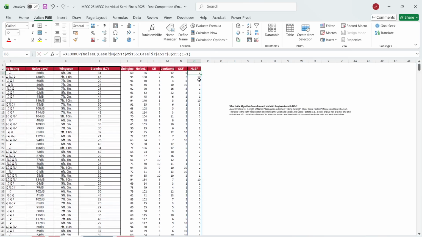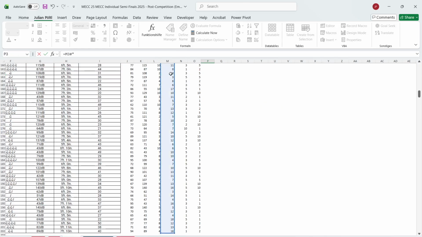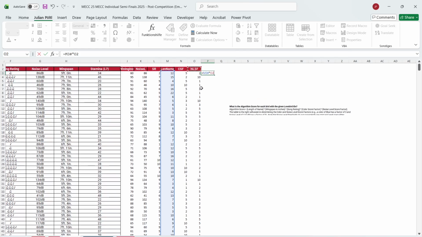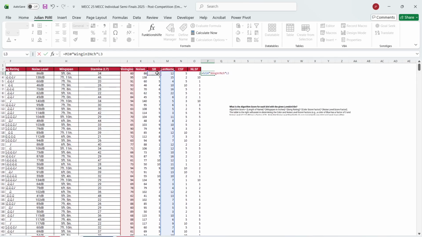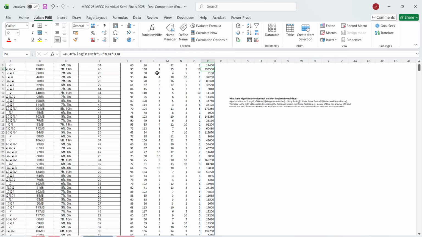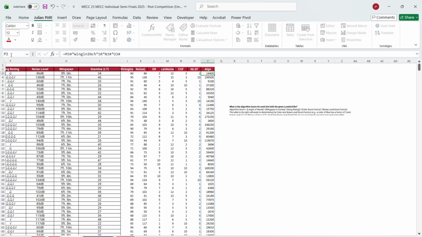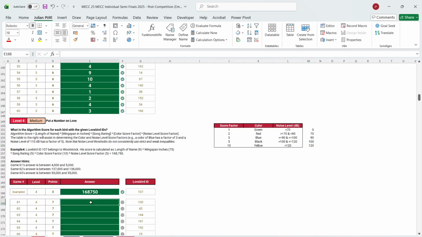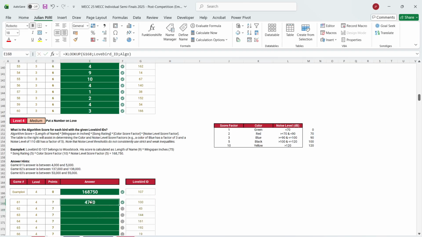And then we multiply length of name multiplied with wingspan in inches multiplied with sum ratio multiplied with this and with this, and we name it algo. Okay, XLOOKUP for this in Lovebird ID, returning algorithmic score.